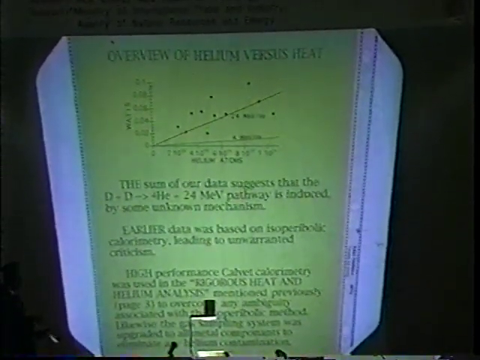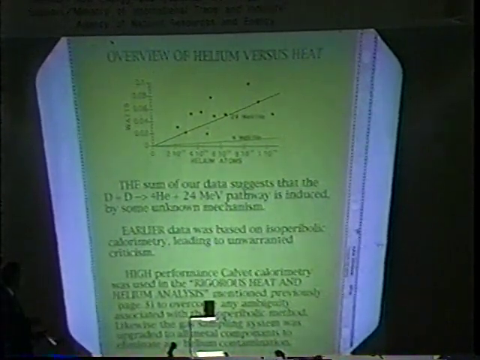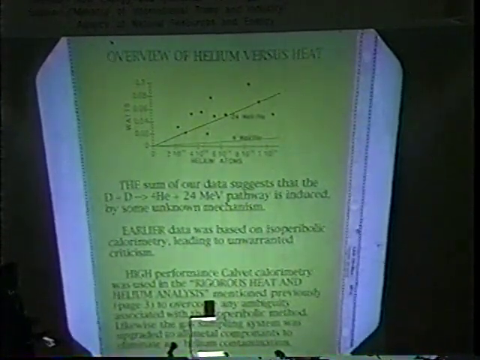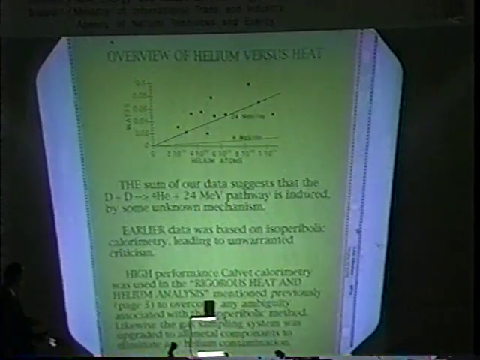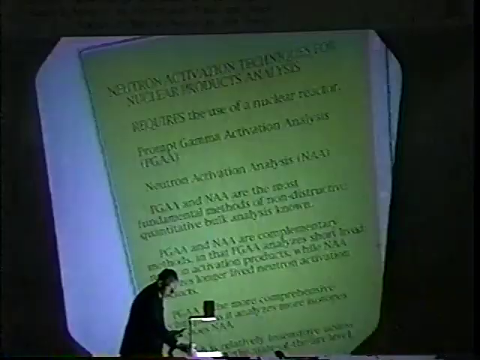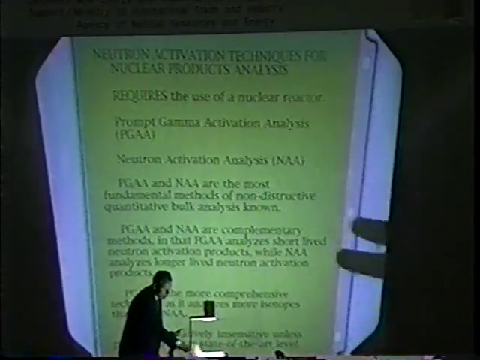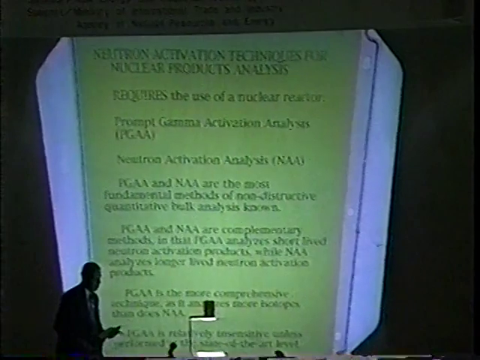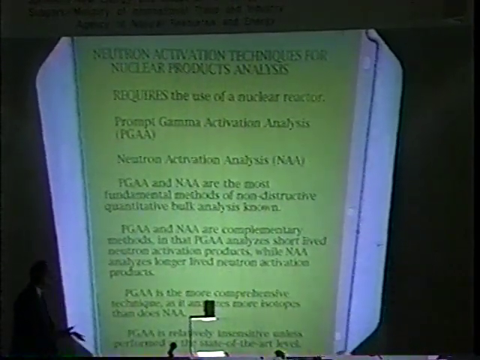Earlier data were obtained using isoperibolic calorimetry. He is now using high-performance Calvet calorimetry at the University of Texas. He's also interested in looking at neutron activation techniques for nuclear product analysis.